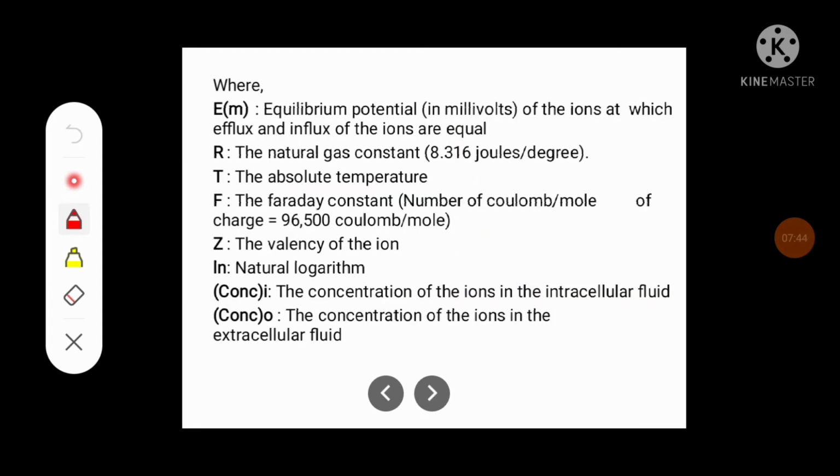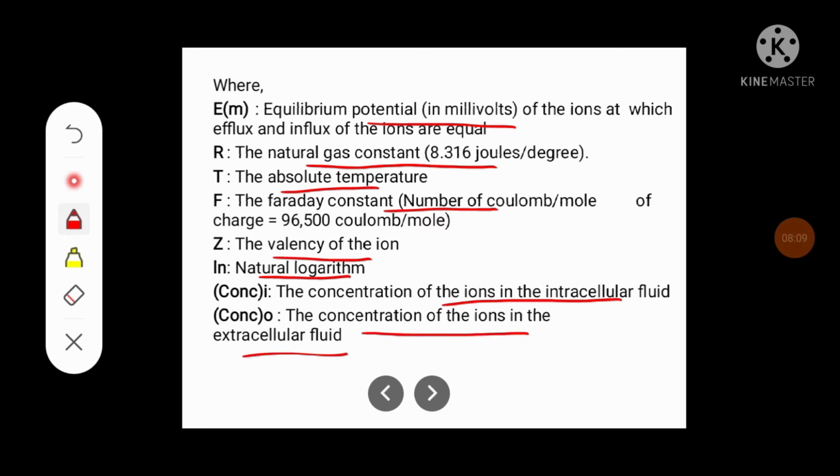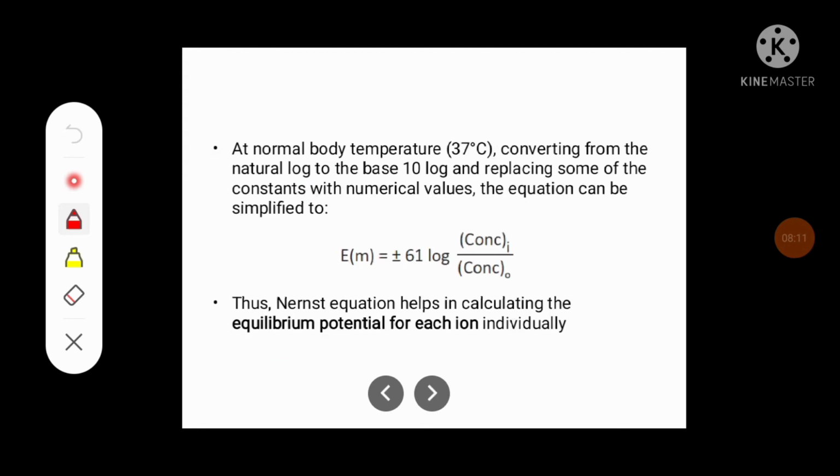Here, EM is the equilibrium potential, R is the universal gas constant, T is the absolute temperature, F is the Faraday constant, and Z is the valency of the ion. ln is the natural logarithm, Ci is the concentration of the ion inside the cell, and Co is the concentration of the ion outside the cell, that is, in the extracellular fluid.